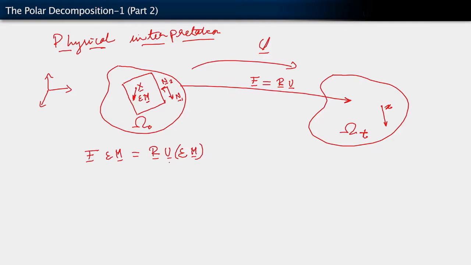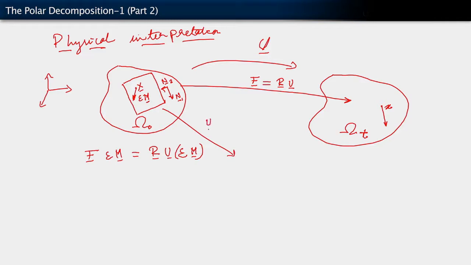The first action upon a neighborhood around X is to essentially only stretch out that neighborhood along the eigenvectors of U. So if we were to take this neighborhood out of our reference configuration and look at only the effect of U upon it, what we would see would be something like this.